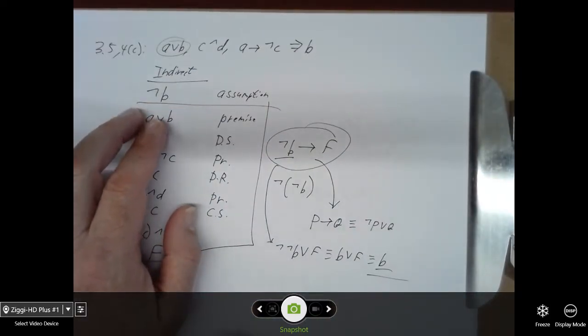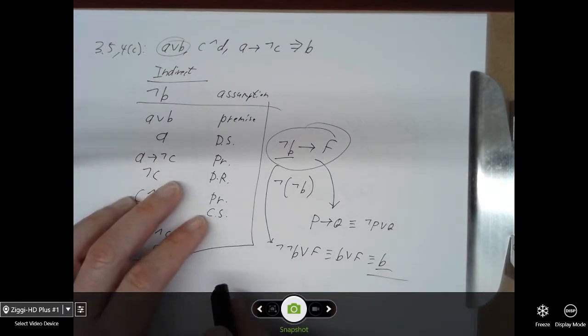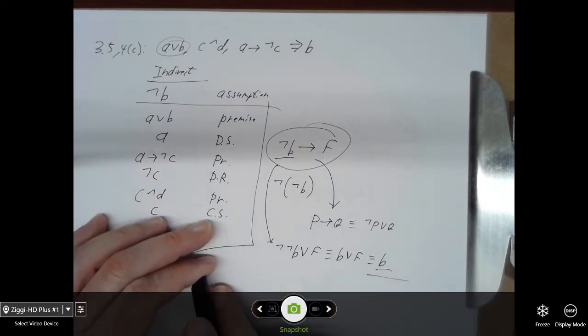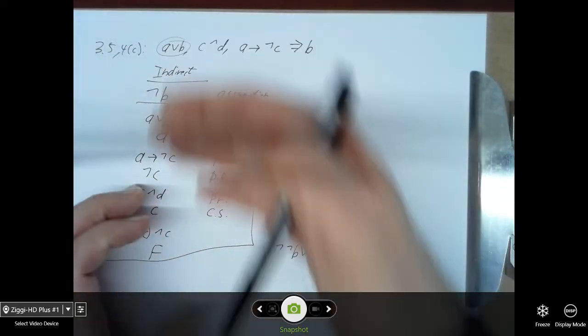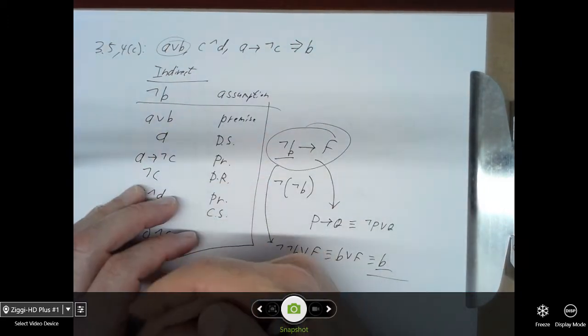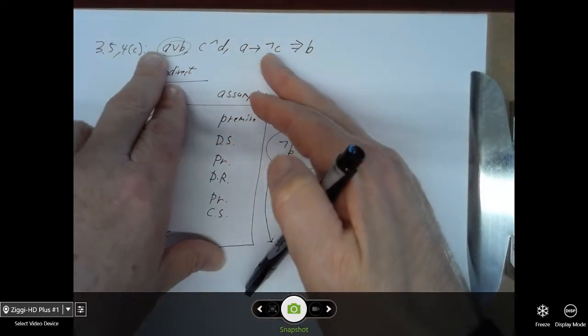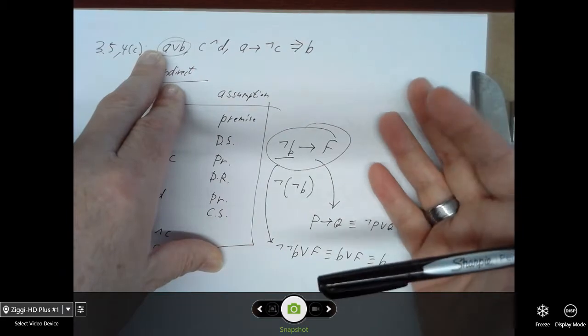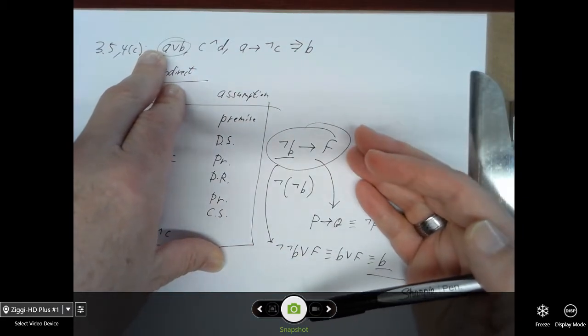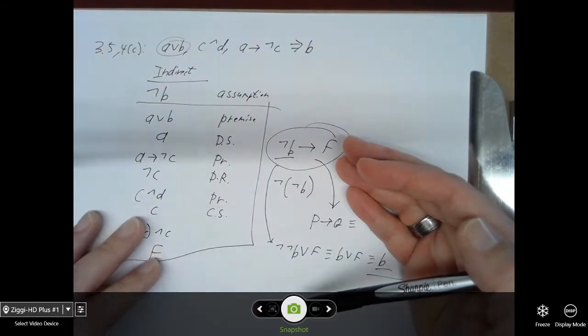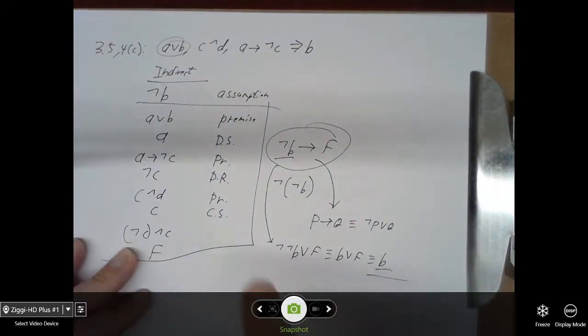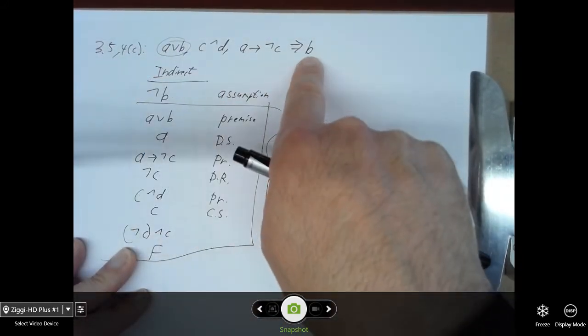But that's really just a direct proof bundled inside a much broader indirect proof, right? The goal is really to start off with negating the conclusion and then trying to find some contradiction. And technically, if you find B, you've got a contradiction. But you're doing a direct proof and then putting it in the language of an indirect proof. So you usually want to try to do something different that actually works from these and not B and gets to some contradiction.